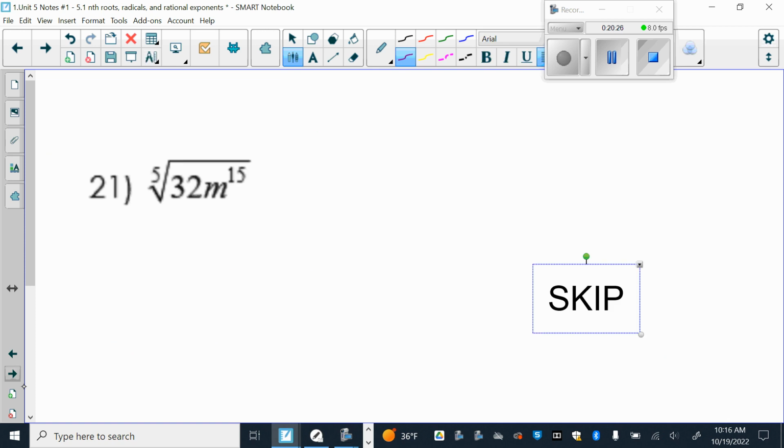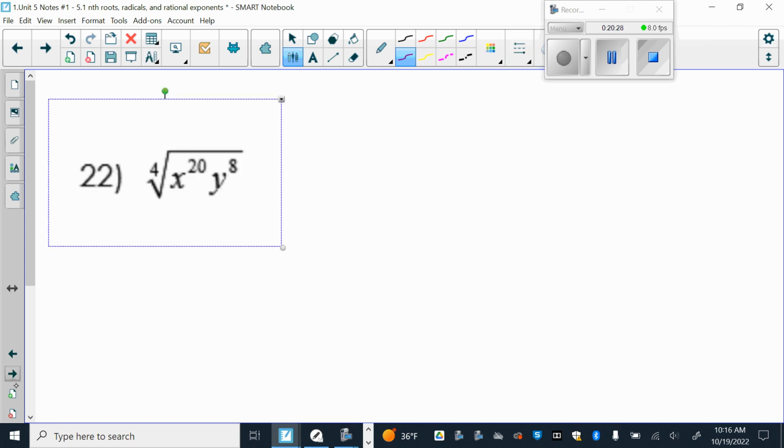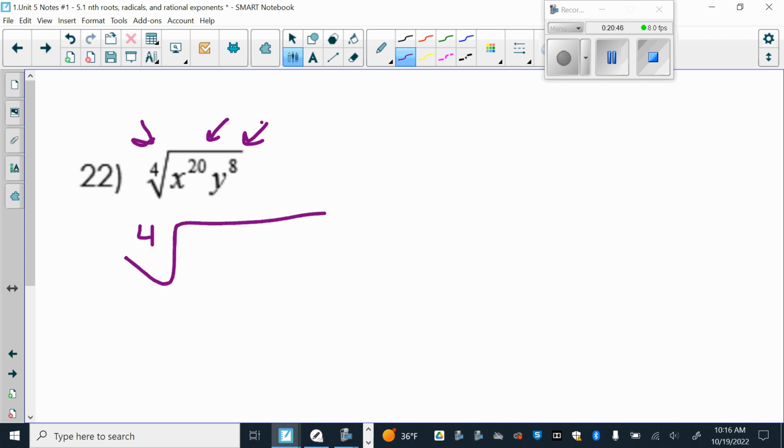All right, we're going to skip 21 for time purposes, and let's take a look at 22. So 22, I do have an even root with even exponents. So if any of these do simplify to be an odd exponent, I am going to need absolute values. So let's break up x to the 20th.